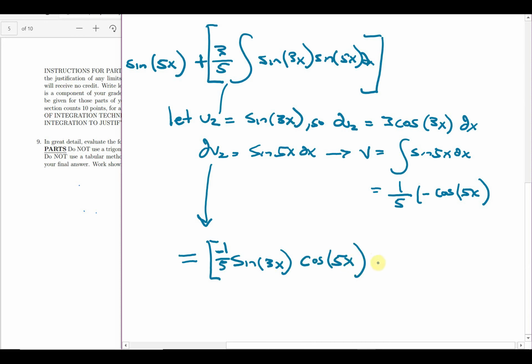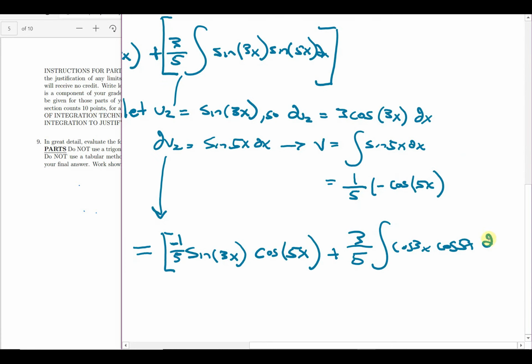And then we have minus v du. So again, this carries a minus and becomes a plus because we're carrying the minus 1/5 times 3/5. So it's plus 3/5, the integral of cosine 3x cosine 5x dx.